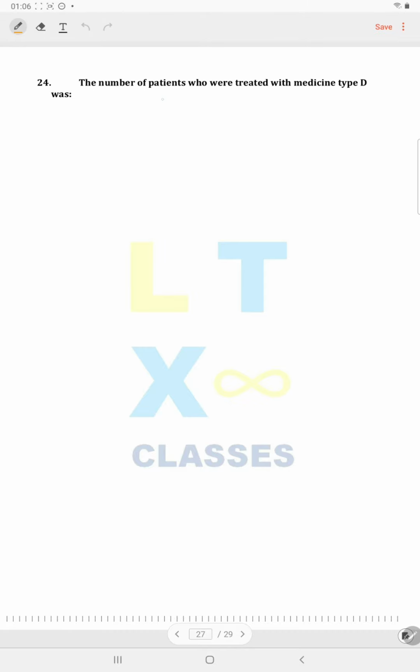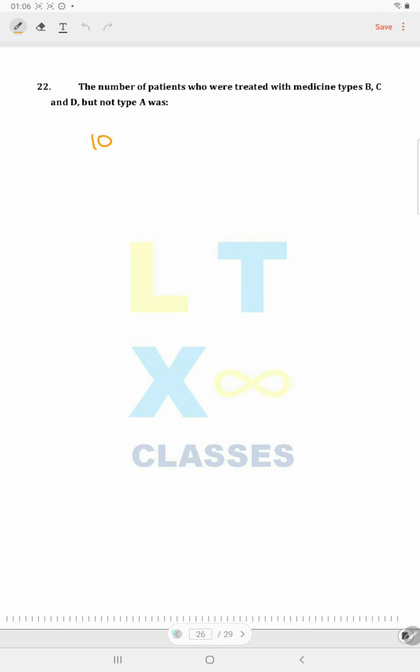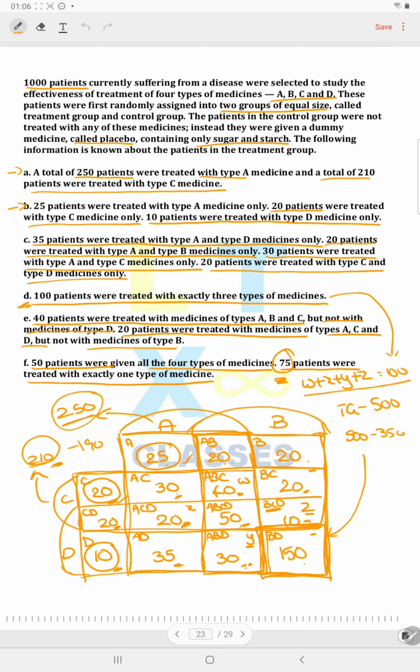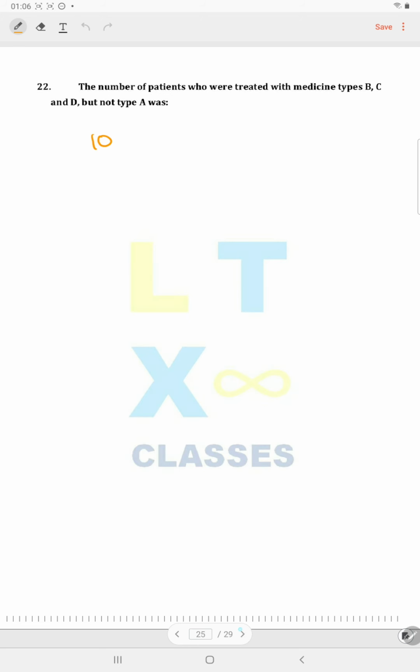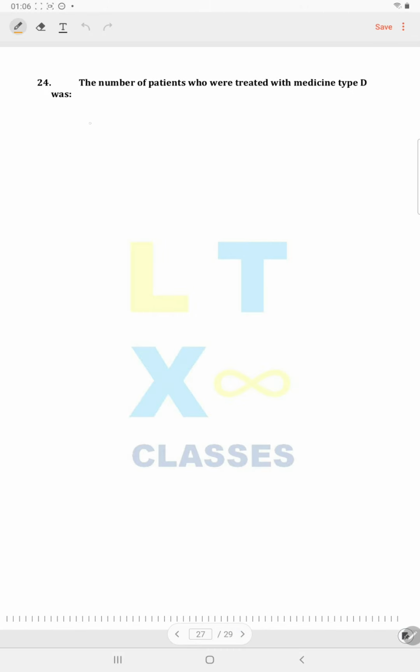Next question, the number of patients who were treated with medicine type D was, okay, again medicine type D is all of this, which would be 20 plus 10 is 30, 30 plus 35 is 65, 85, 135, 165, 165 plus 150 is 315, plus 10 is 325. So the answer is 325.